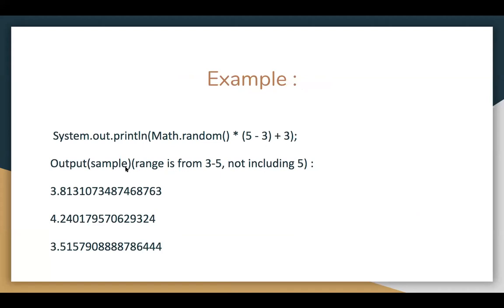And I have it here. So the range is from 3 to 5, not including 5. And the sample answers, since of course you can't have exact answers with random numbers, would look something like this.